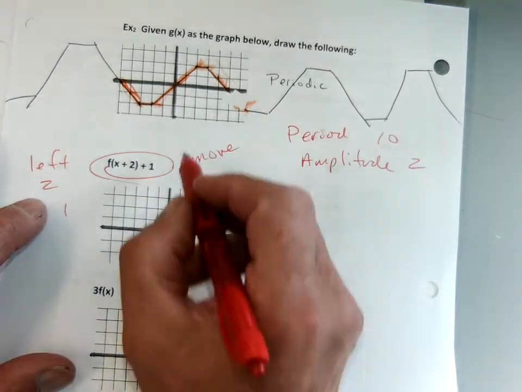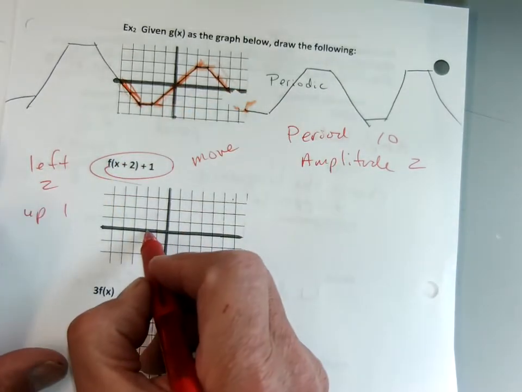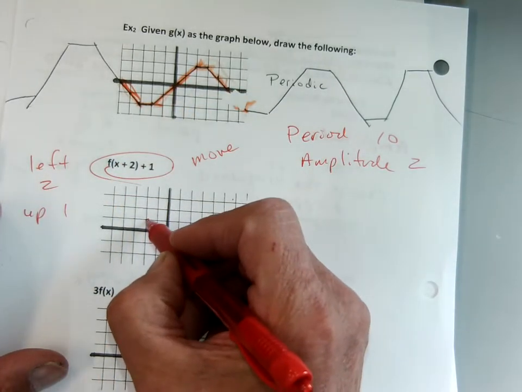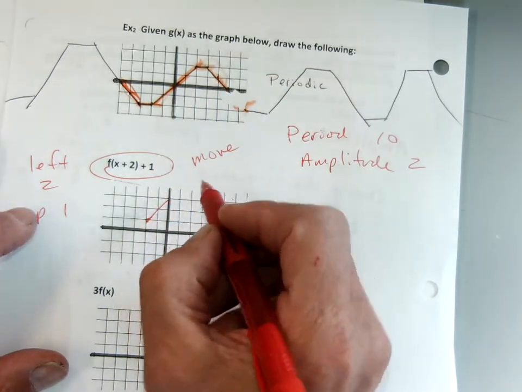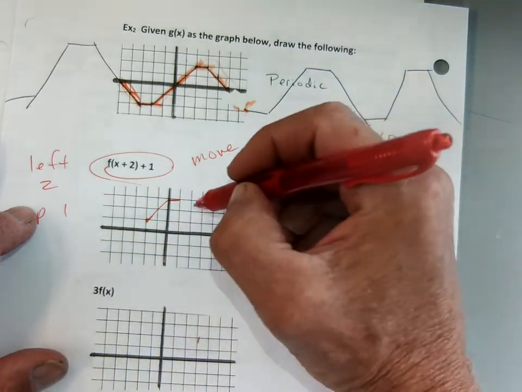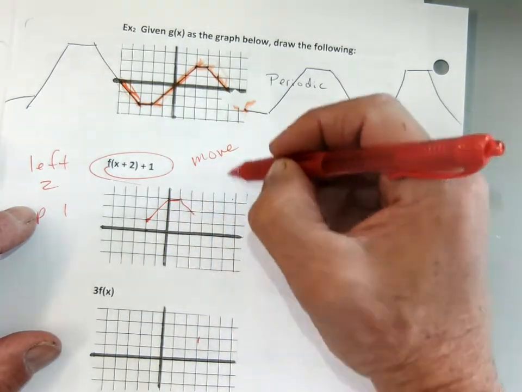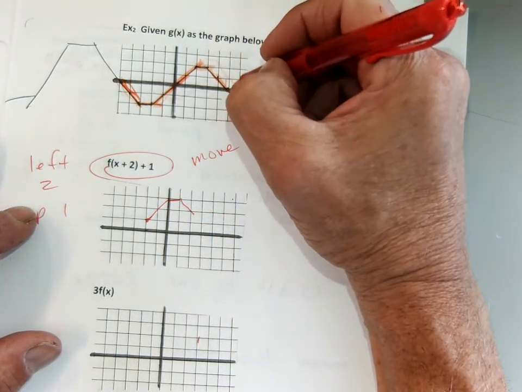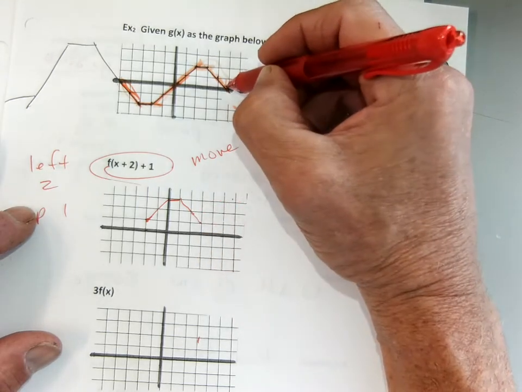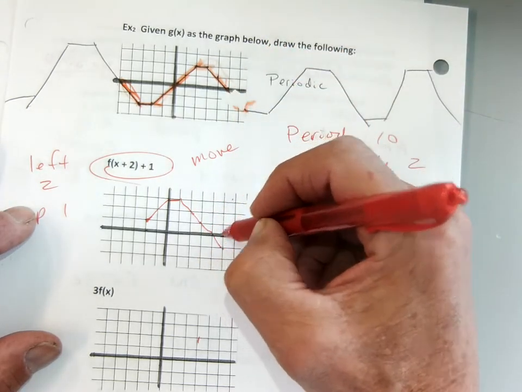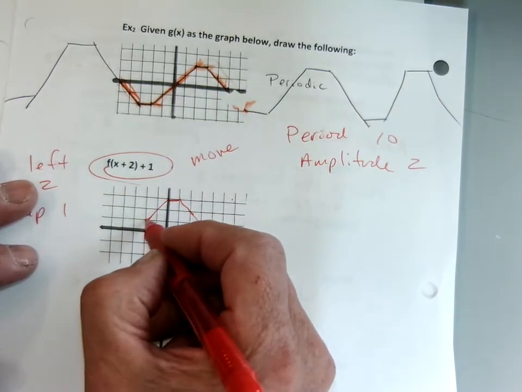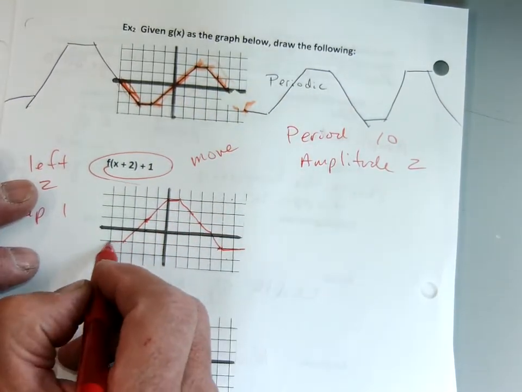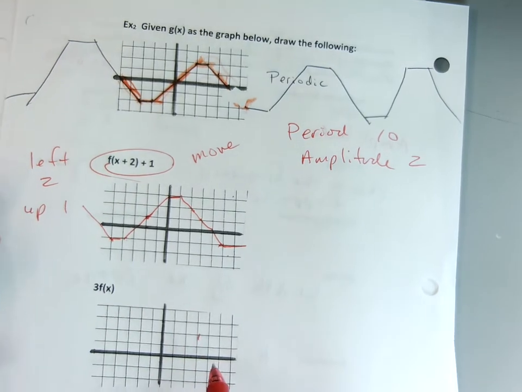So left 2, so I'll take this middle point, 2, and then up 1. So I'm going 1, 2, and then all the way, 1, 2, 3, and there it is. And then I'm going to do the same thing here. Okay, does that make sense?